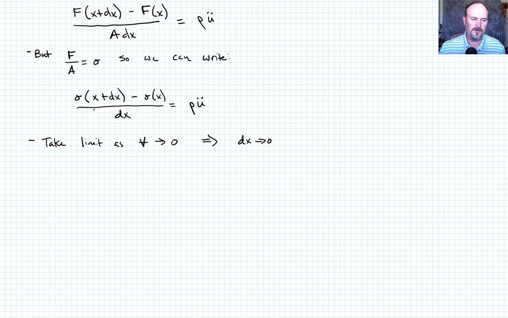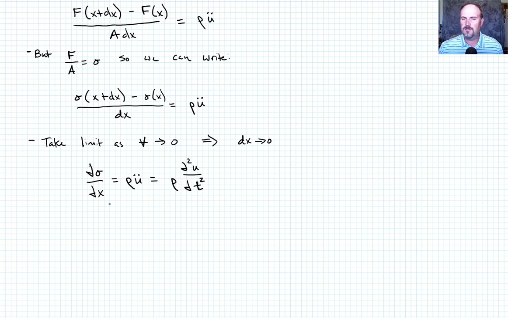Well, that just becomes a derivative term, and we're left with, I'm actually going to write it as a partial because there technically is a time component on here, partial sigma with respect to x is equal to rho u double dot, or we could write back, keeping consistency, rho del squared u del t squared.